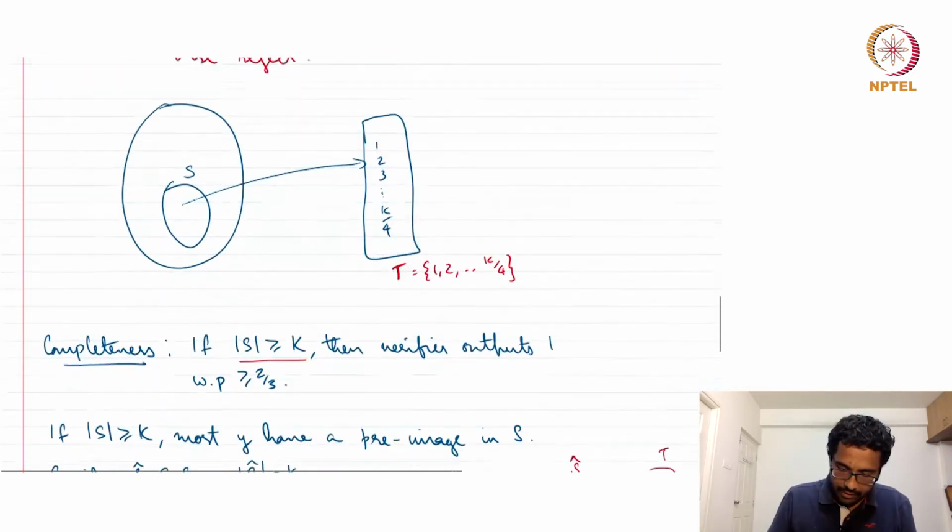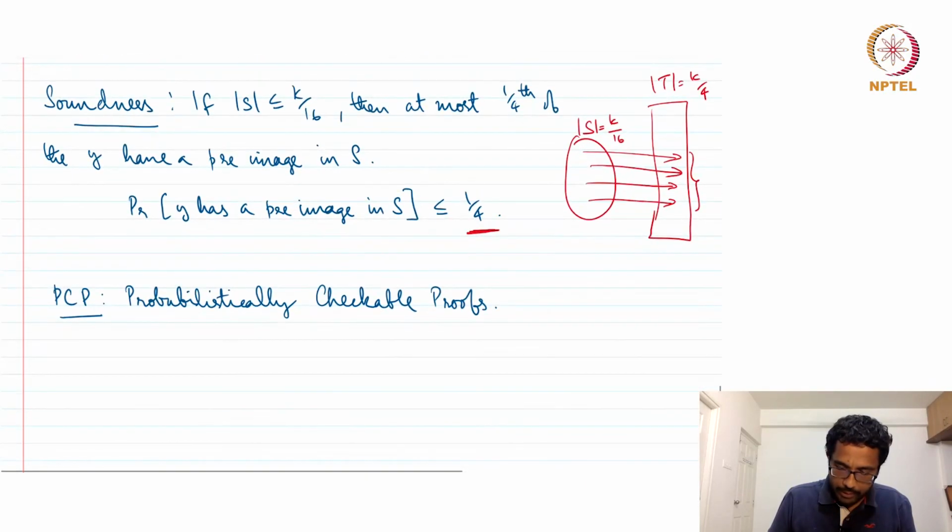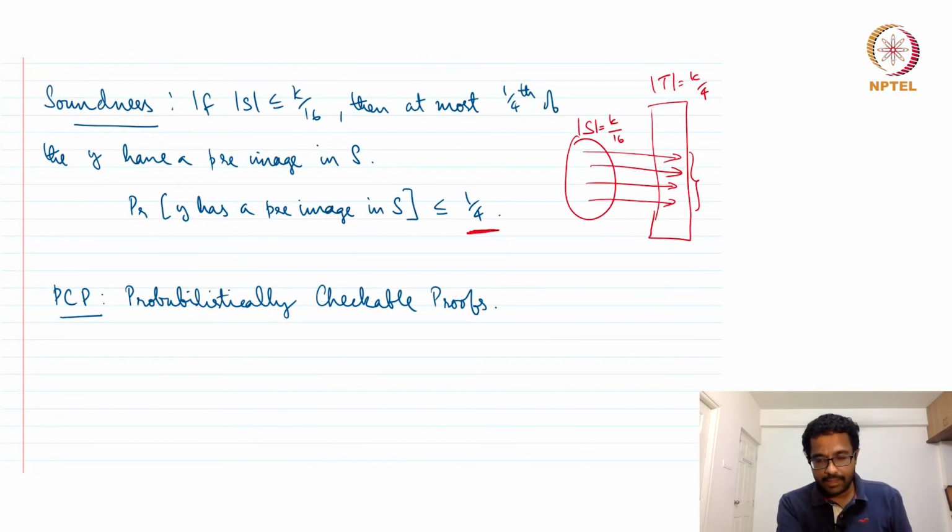And one final point that I wanted to make is that there is something called probabilistically checkable proofs, which is an area that got created from the interactive proof systems. It was an offshoot of interactive proof systems, where the prover convinces the verifier of some fact, and the verifier does not have to look at the entire proof.